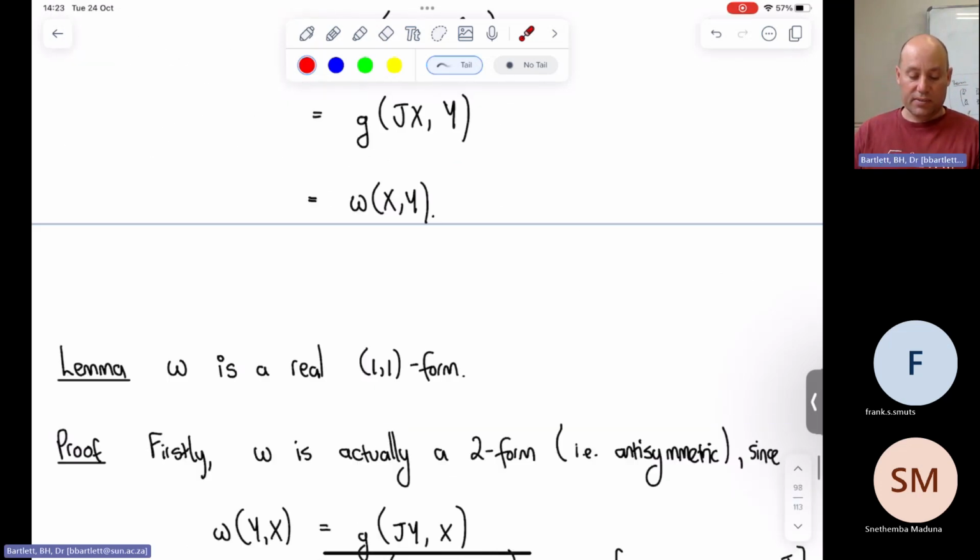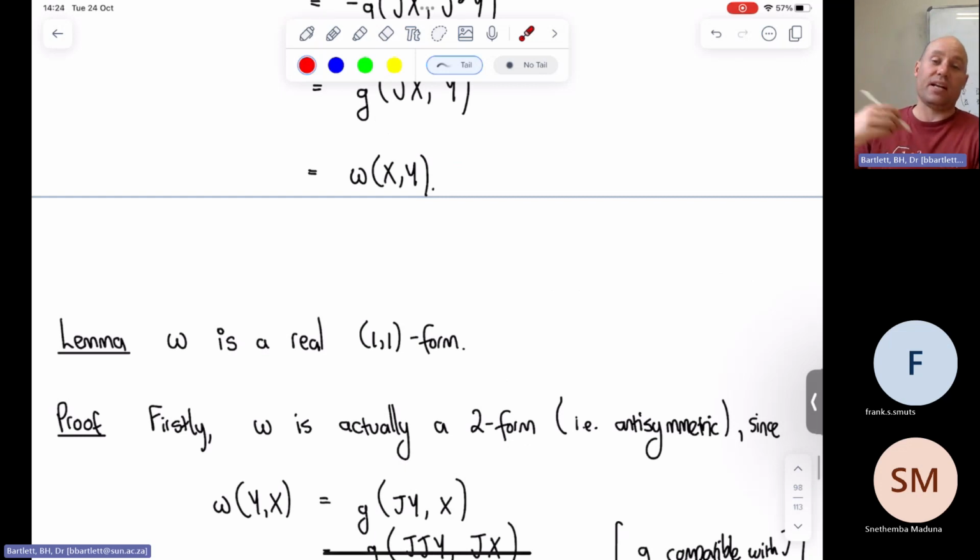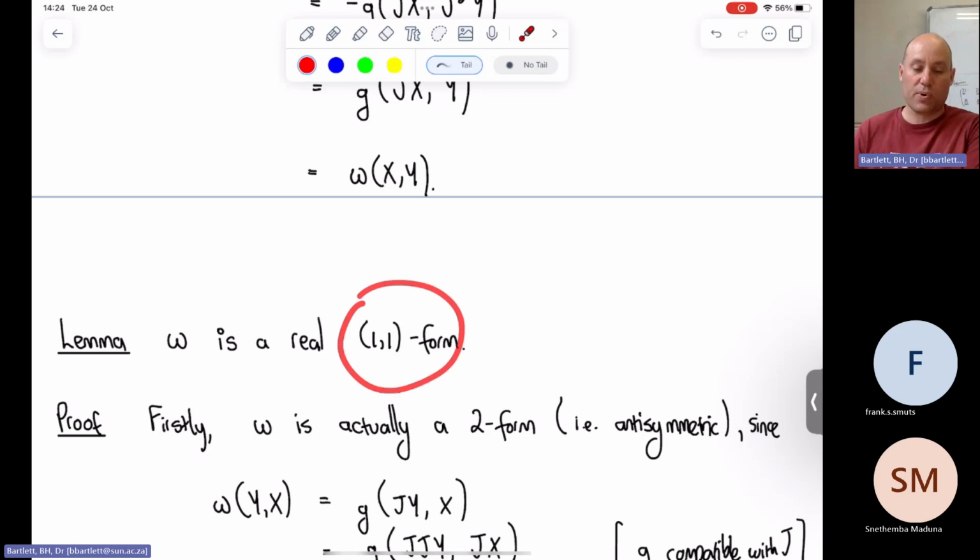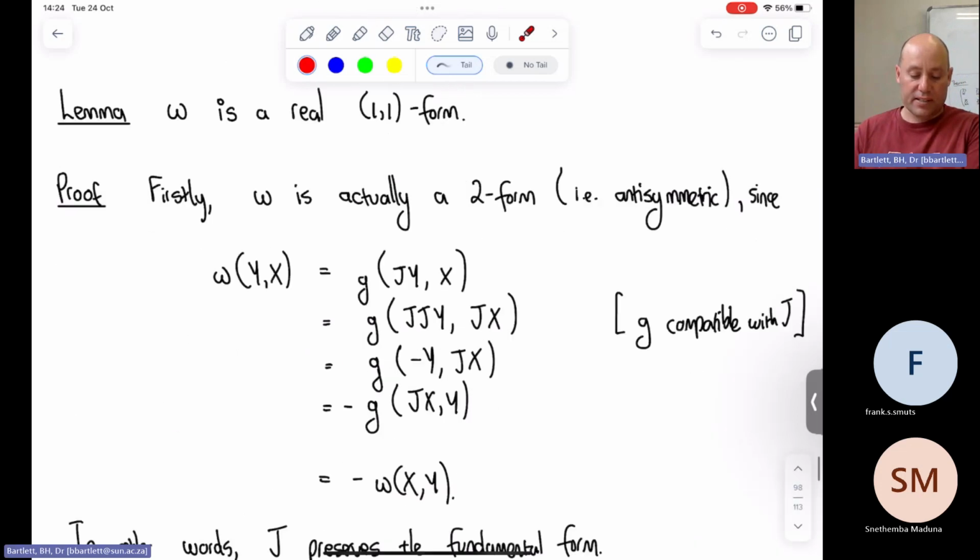So it is a real 2 form, and it's not just any old 2 form. It's a 2 form which is of type 1,1, right? Because the 2 forms split as type 2,0, 1,1, and 0,2. It's actually going to be of type 1,1. So let's check that.